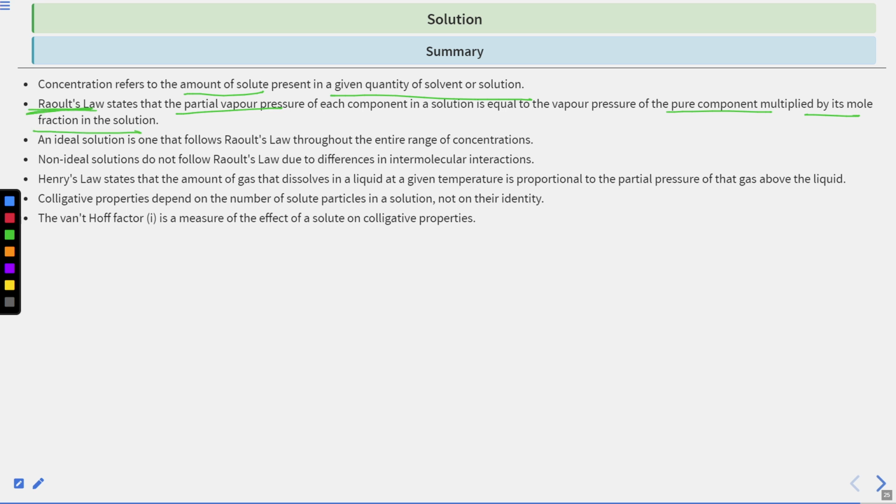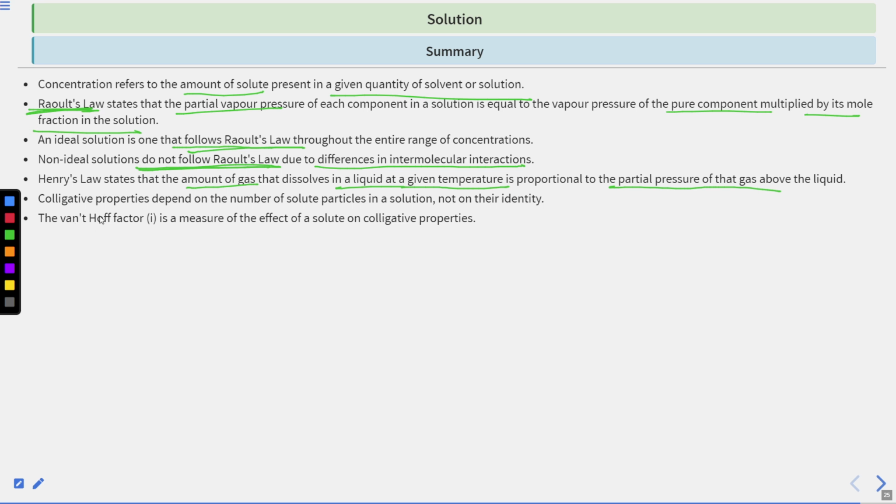An ideal solution is one that follows Raoult's law throughout the entire range of concentrations, and non-ideal solutions do not follow Raoult's law due to differences in intermolecular interactions. Henry's law states that the amount of gas that dissolves in a liquid at a given temperature is proportional to the partial pressure of that gas above the liquid.